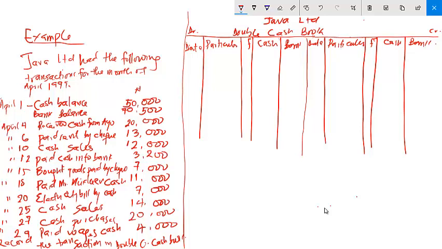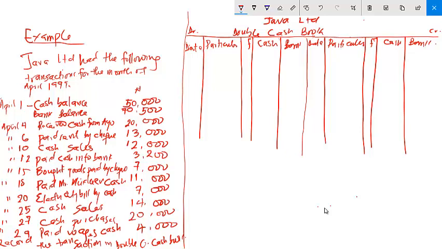If you look at the first transaction there, it is an already existing transaction. That is, on April 1, we have a cash balance which is 50,000. What we mean by this is that probably at the end of March, the business is having an amount of money in cash which is 50,000 naira, while the bank balance stood at 70,500.